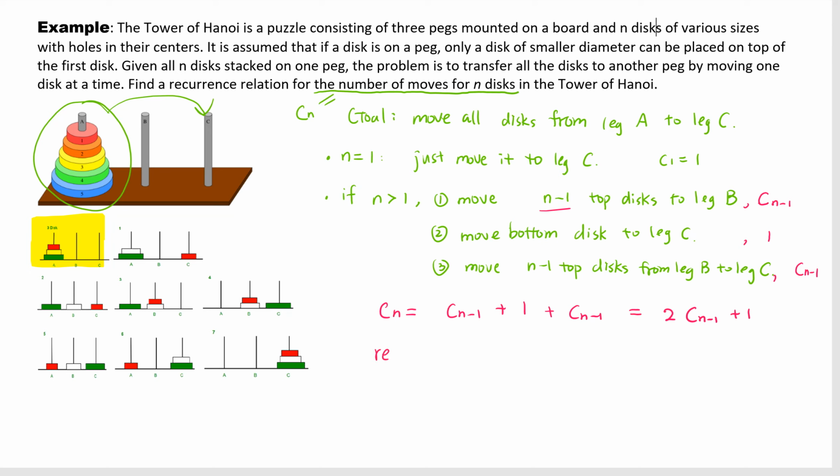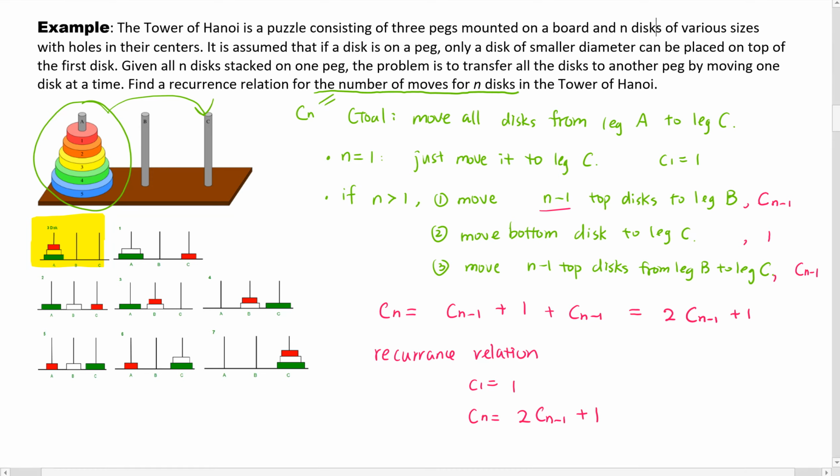So here we get a recurrence relation. We have C1 equals 1, the first case, just move one disc to leg C. And then Cn equals 2 times C sub n minus 1 plus 1.